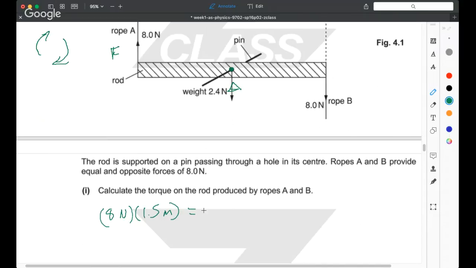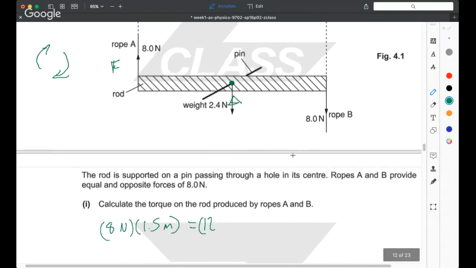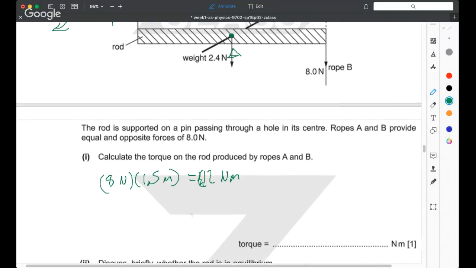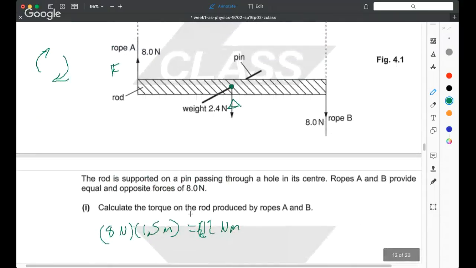So 12 newton meters, or 12 Nm. But where did you obtain this 12? Because it's 8 times 1.5. Well, 12 newton meters. So it's the force on the rod times the displacement across it.